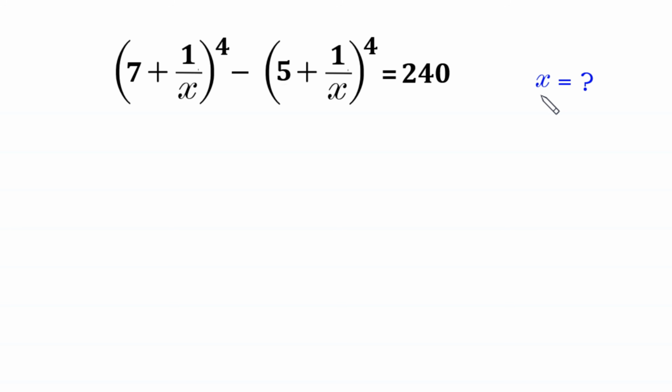So let's start. This 7 can be written as 6 plus 1 and this 5 can be written as 6 minus 1.